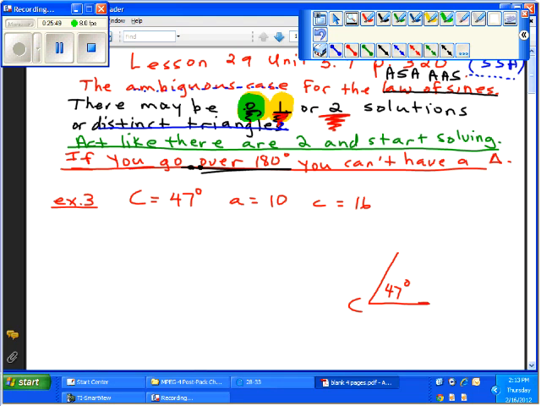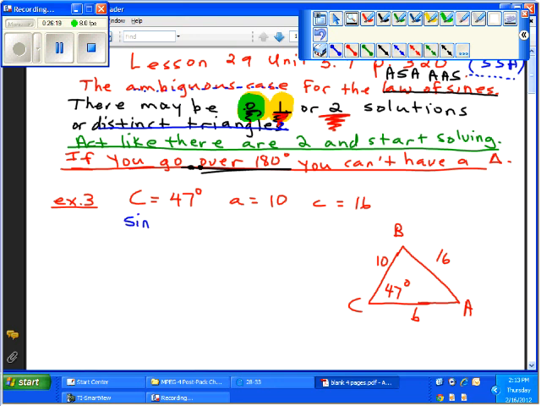Opposite C is 16. Opposite A is 10. These are obviously not drawn to scale. Now, we don't know if there's 0, 1, or 2, so we're going to solve as if there's 2. And if we go over 180, we know that it can't be a triangle. So we've got the C stuff and the A stuff.